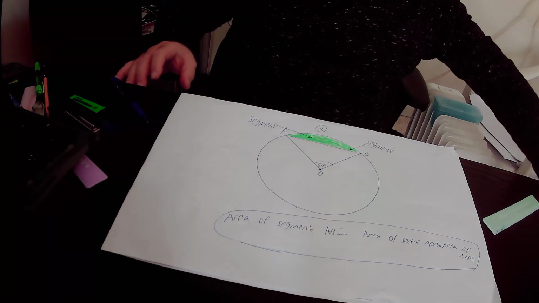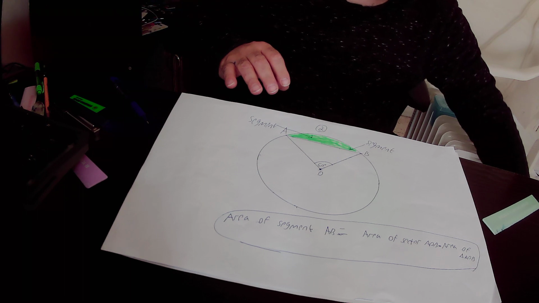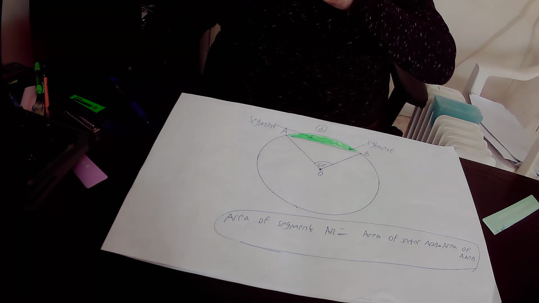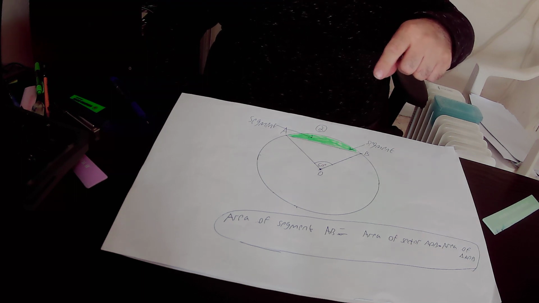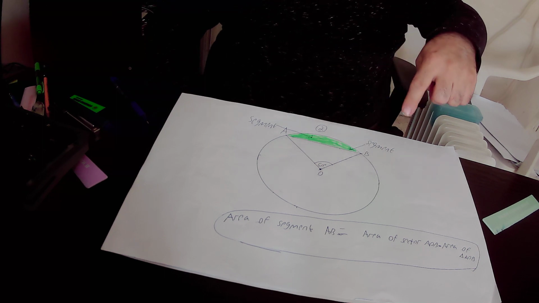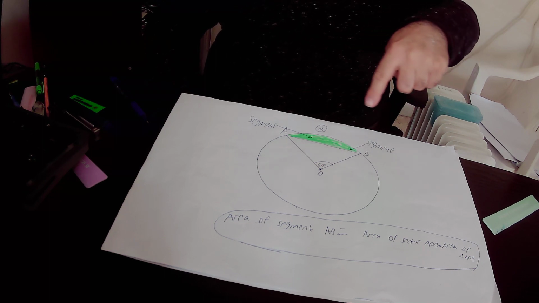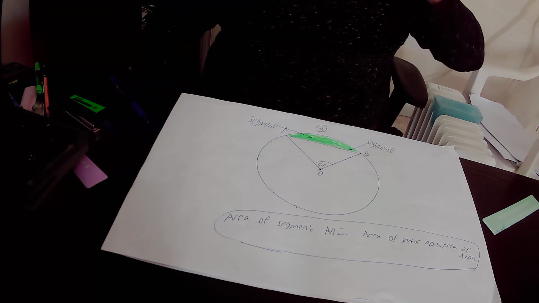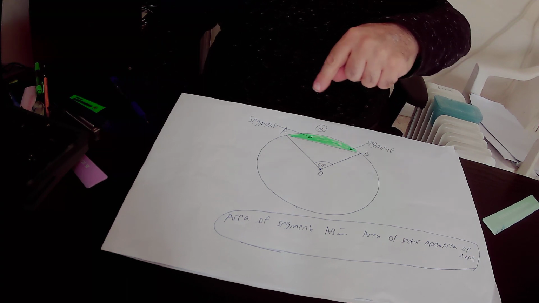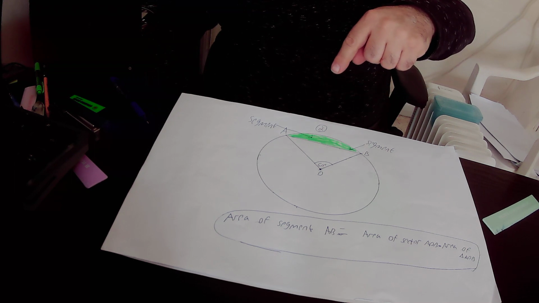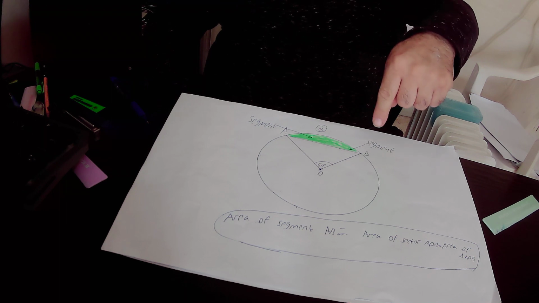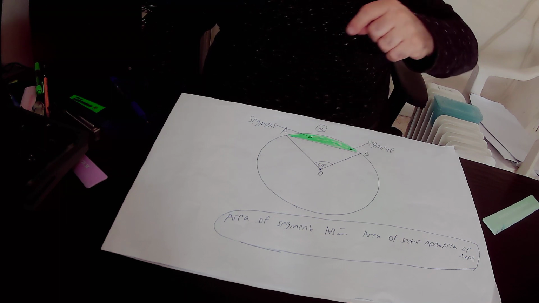And we also have another term, that is segment. Here, segment AB is defined as the area inside the circle that is bounded by a chord and the arc that is attached to that chord. So here, segment AB is the area in the green shape that is bounded by arc AB and chord AB.